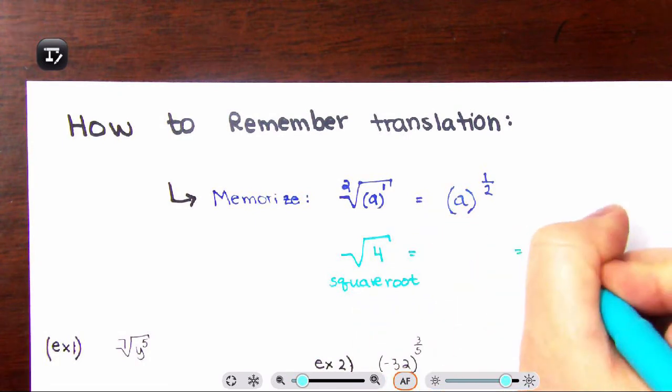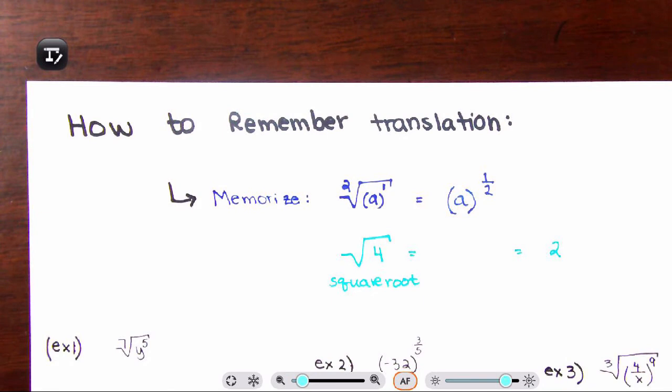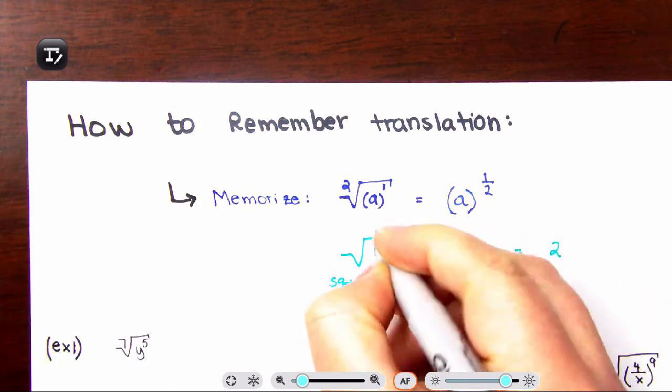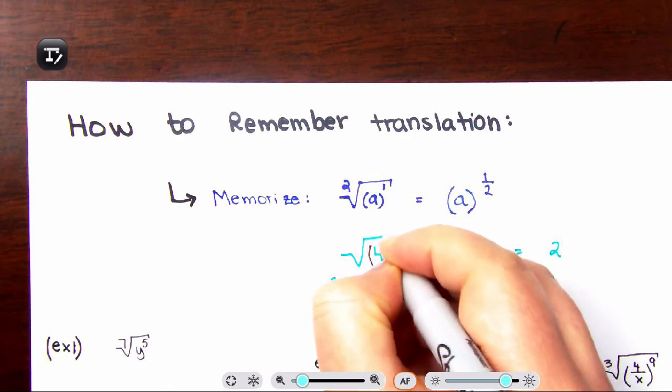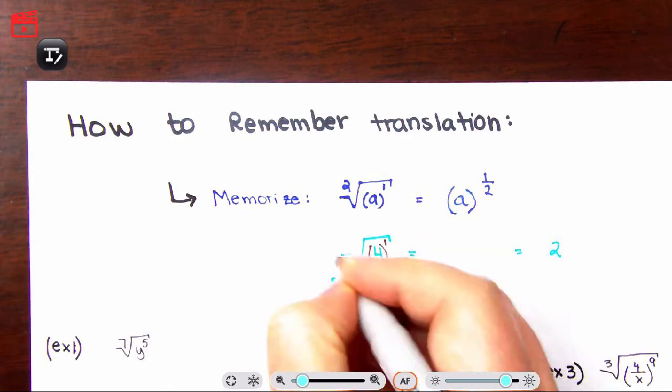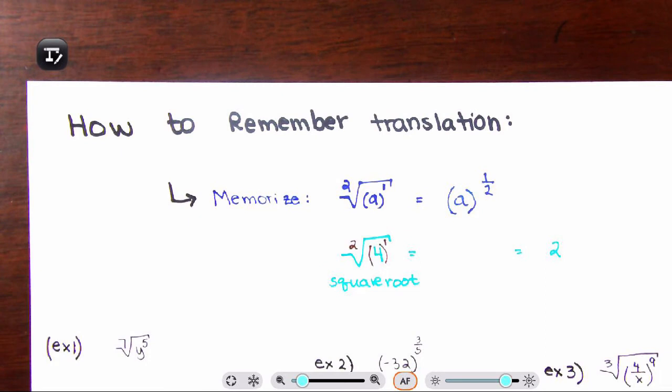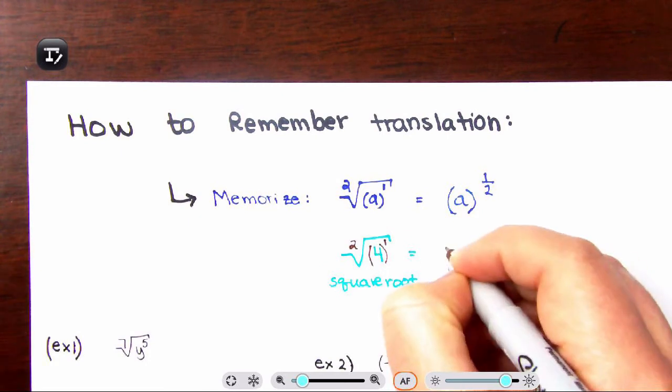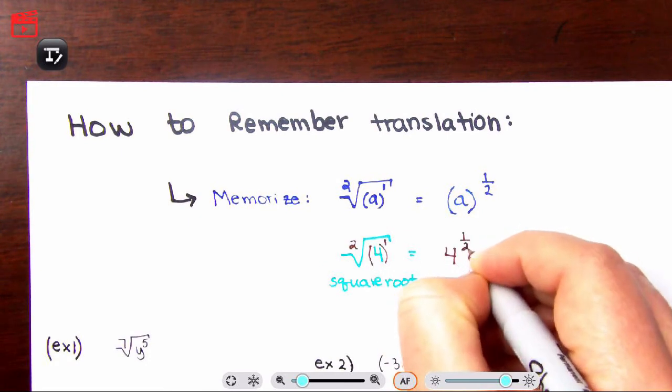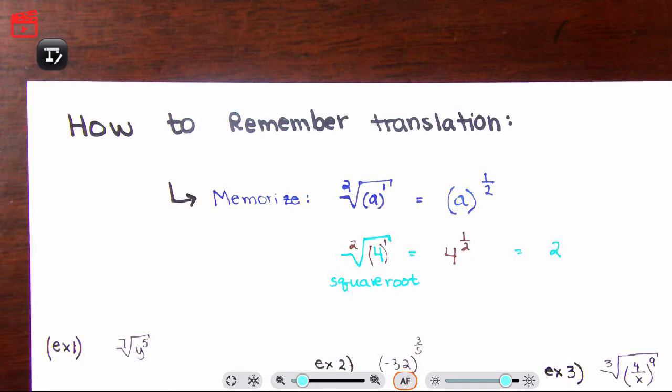So how did we get to 2? What happened is we have an exponent here of 1. Anything that's inside has an exponent of 1. This has a secret 2 in it. So what I truly have is 4 to the 1/2 power. And 4 to the 1/2 power is 2.